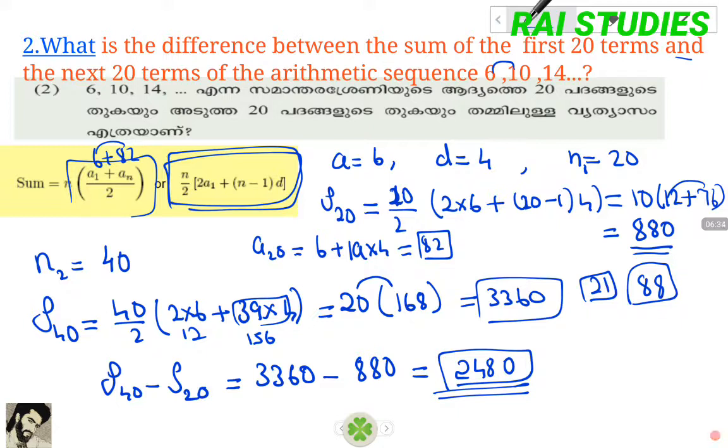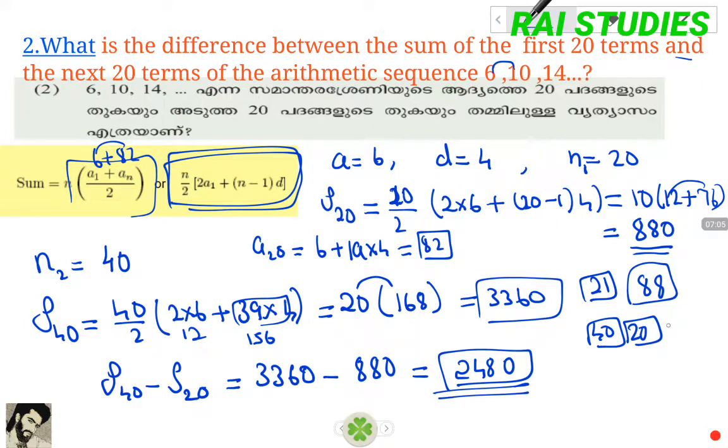So we need to compute the last term of the second sequence. If you take this 88 as the first term, then the last term is the 20th term of this second sequence.